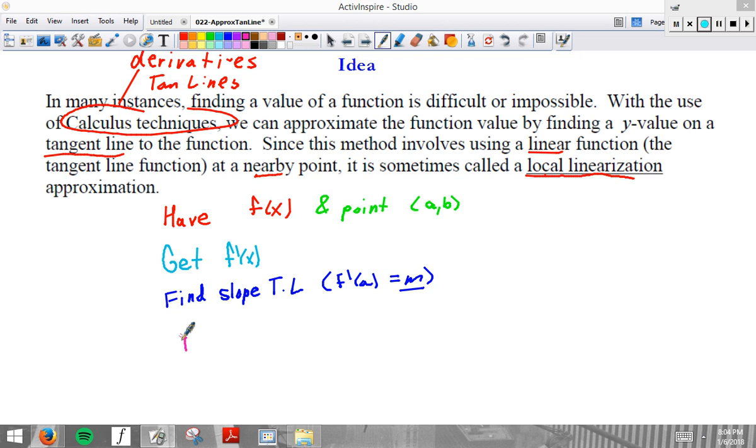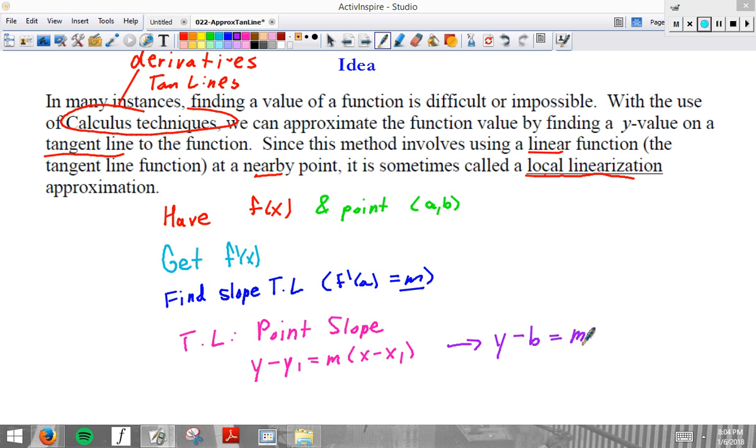We would have a tangent line using the point slope formula. So I'm just trying to review all this stuff before we get into the main videos in a second. So in this context, all that would be y minus b equals m times x minus a.